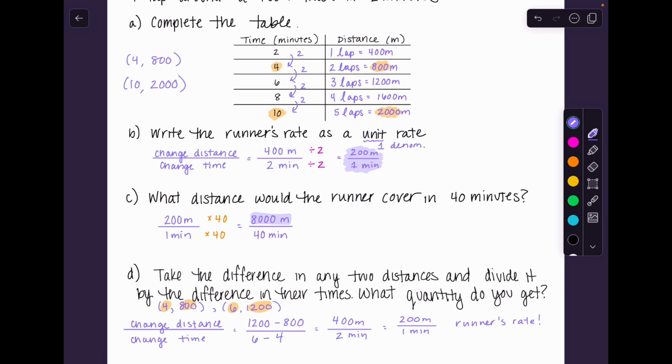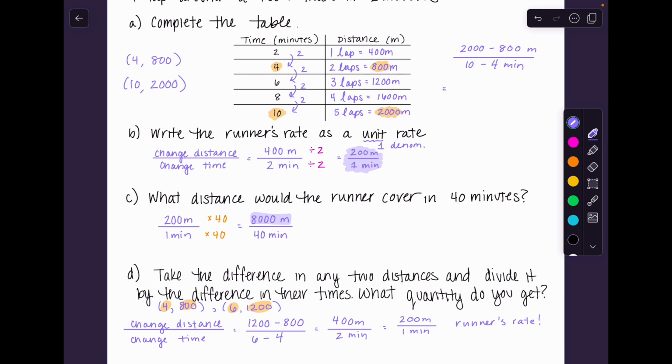And I look at the change in distance over the change in the time. I'm going to start with the bigger number, so 2,000 minus 800 meters. And then our change in time, again, we're going to stay consistent. 2,000 and 10 pair up, so I put the 10 first, and then the 800 and 4 pair up.